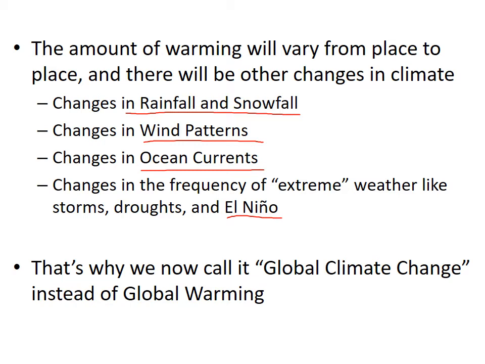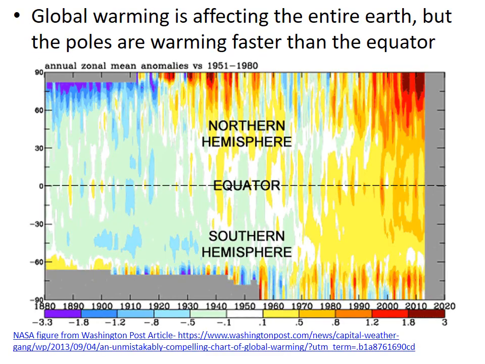So that's why we say global climate change instead of just global warming, which is what they originally called it, because there will be many changes besides just the temperature increasing on average.